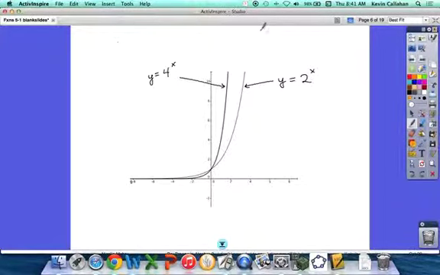Right? Not much has changed. So the graph is the same in all the important details. All the things we did on the last slide.